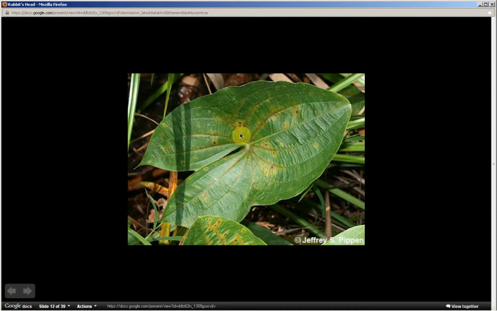Notice the spider shape, all the veins parallel, originating from the central point or from one point where the leaf blade meets the leaf stalk. Upside down, or in this case, sideways, rabbit's head.